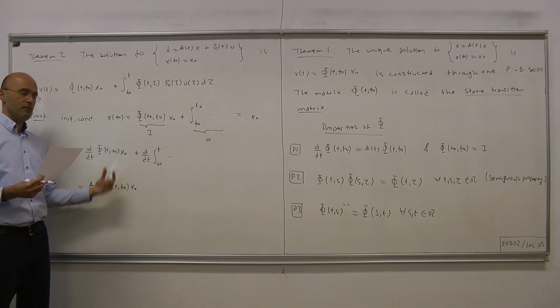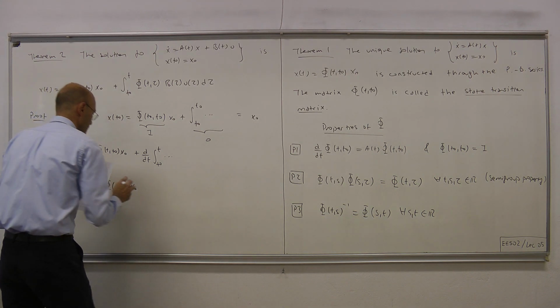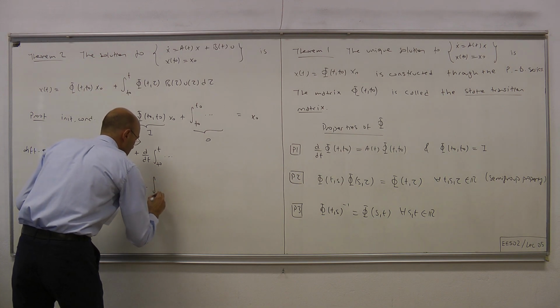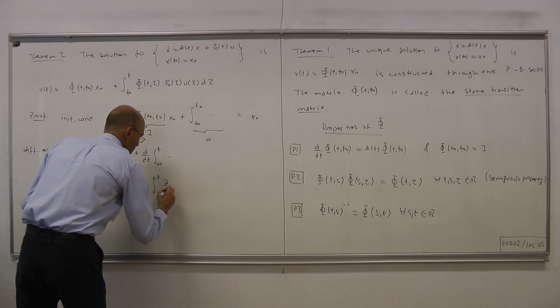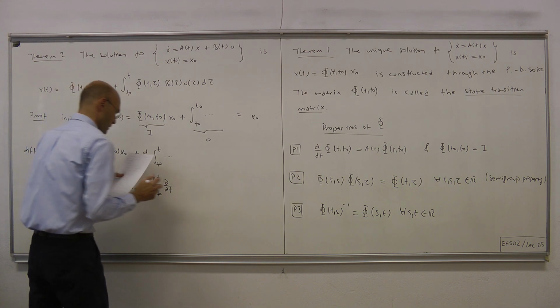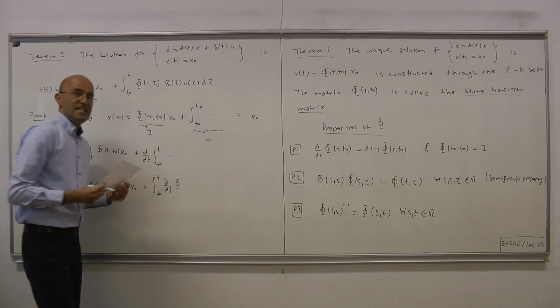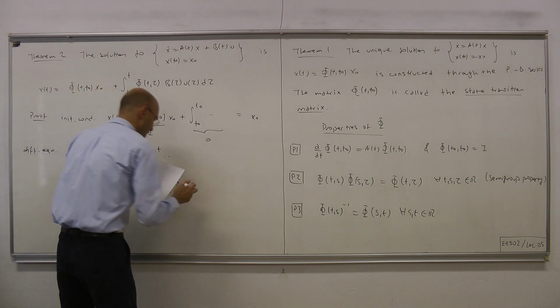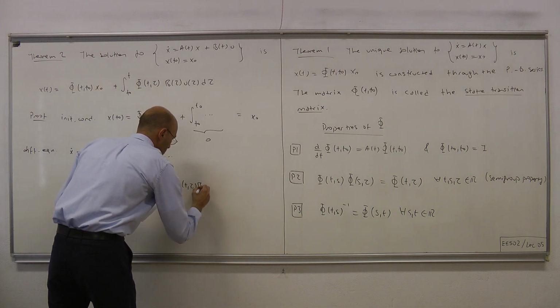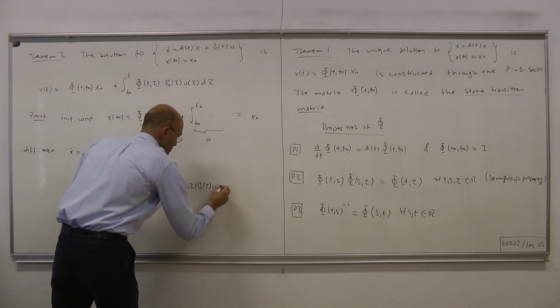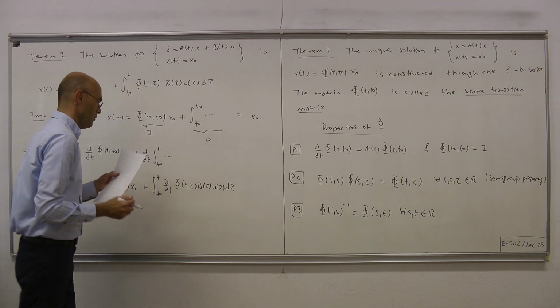So that derivative is easily computed. Then we have plus the integral from t0 to t of the partial derivative with respect to t of the integrand phi(t,tau) B(tau) u(tau) d tau.